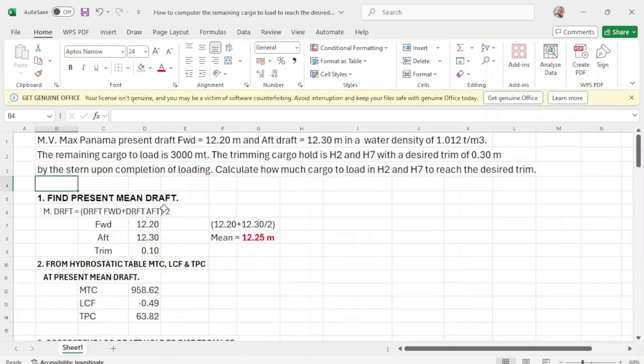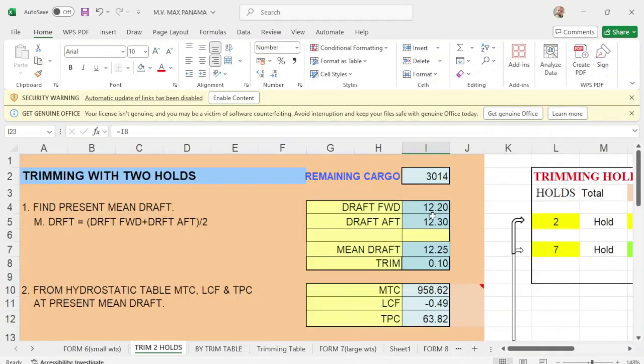So this is now the Excel form. Number 1, find present mean drop. Forward is 12.20, up is 12.30, trim is 1.0, and the mean drop is 12.25, which is this one.